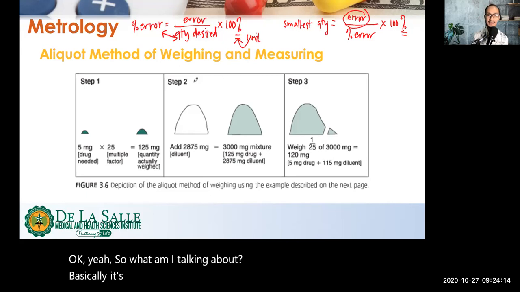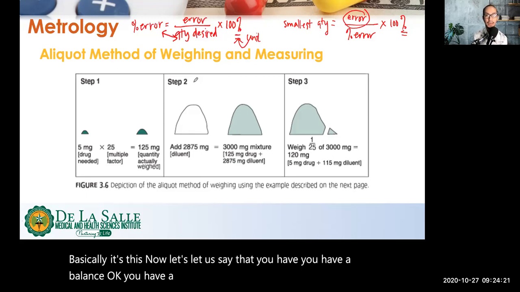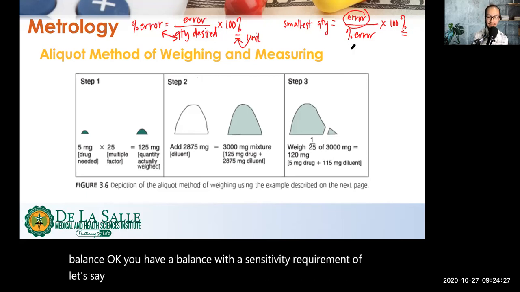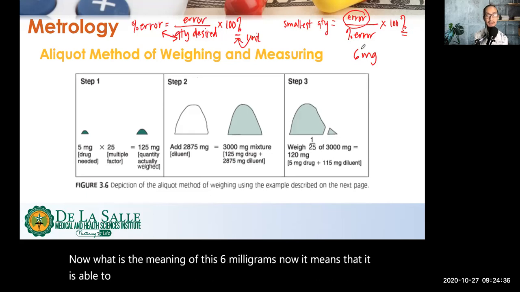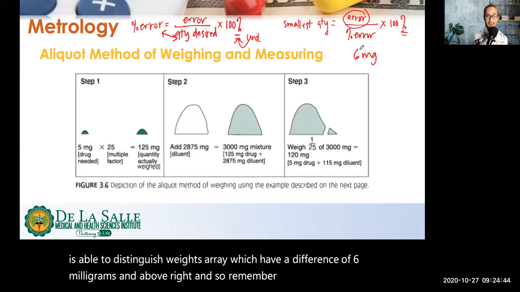Let us say that you have a balance with a sensitivity requirement of, let's say, 6 milligrams. Now, what is the meaning of this 6 milligrams? It means that it is able to distinguish weights which have a difference of 6 milligrams and above. Remember that that is the meaning of that.